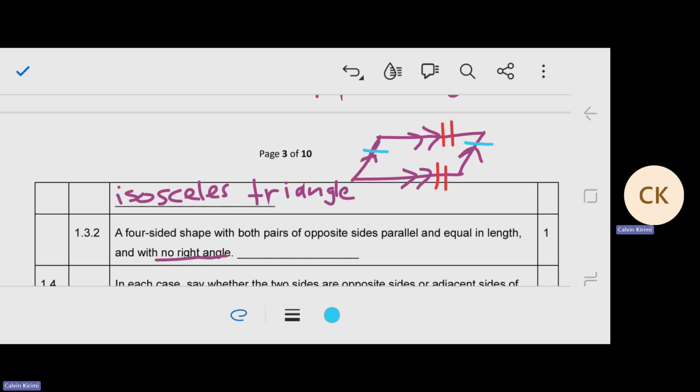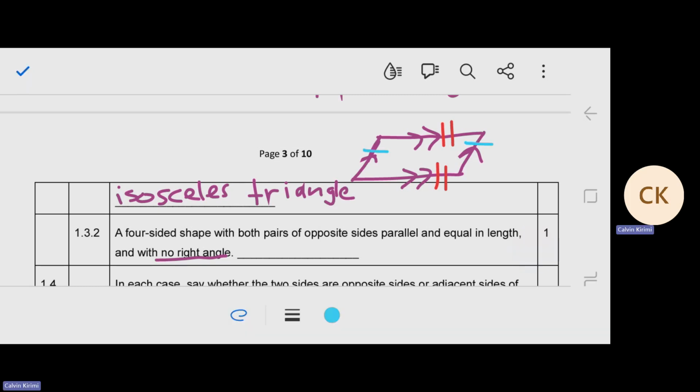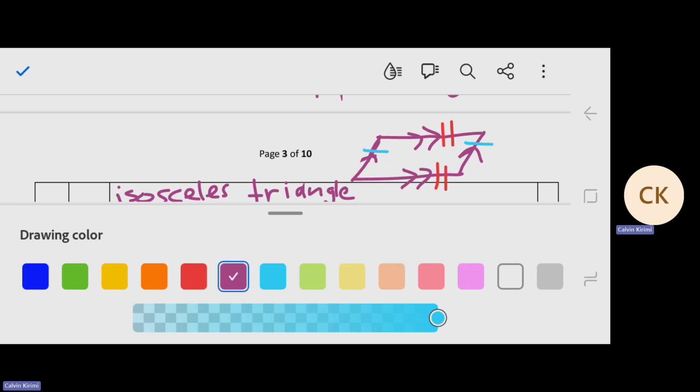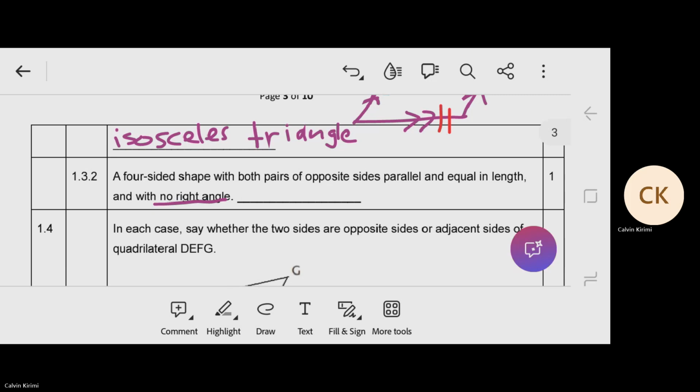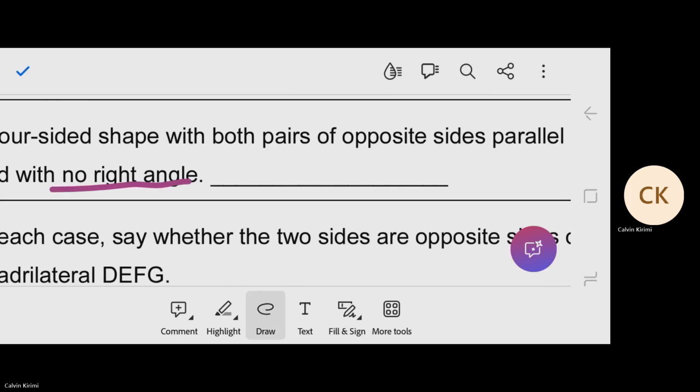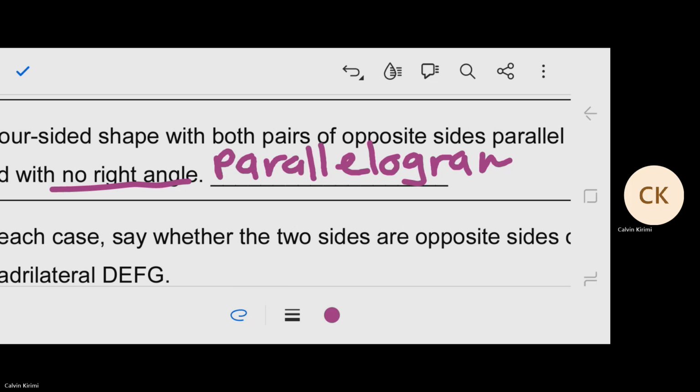So definitely that shape is a parallelogram. We are going to write the name of that shape: parallelogram.